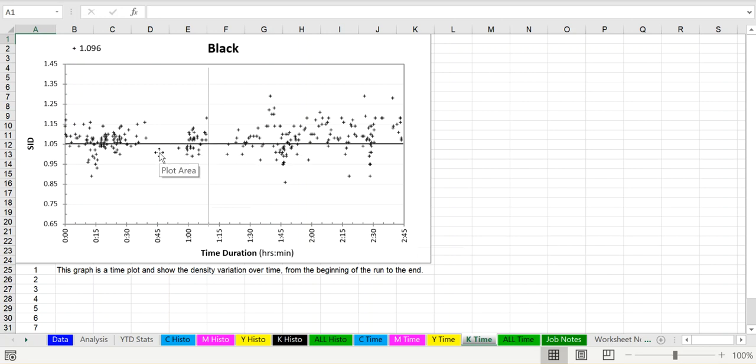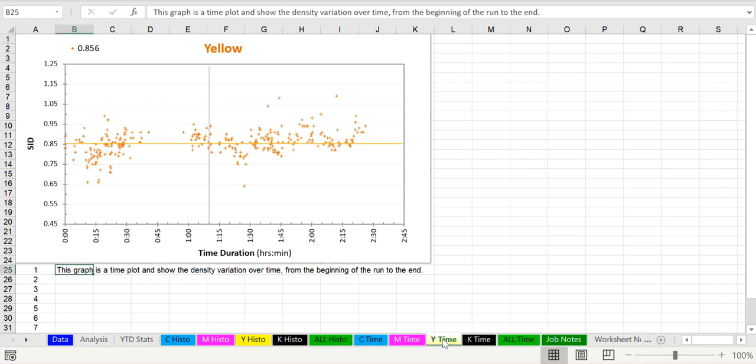May have been a web break, may have been a roller problem or a plate problem or something like that. So you want to be as close as possible to this horizontal center line, which is your target of 105. Now over time you should be getting closer and closer to this target line because you have more opportunity to fine tune the densities.